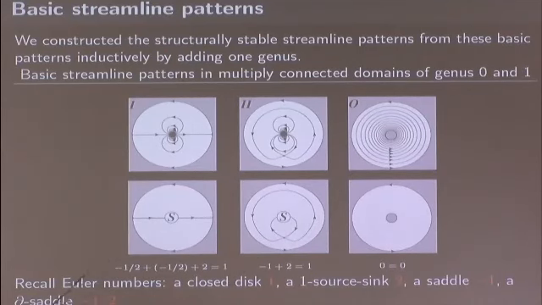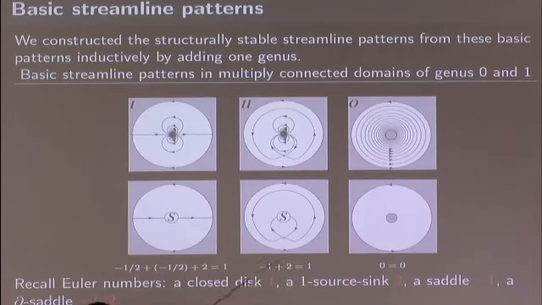So we call Euler numbers. The disk has Euler number 1, and the source-sink is 2. The saddle is -1, and the boundary saddle is -1/2. Therefore, this means two boundary saddles and one source-sink equals the Euler number of the disk.